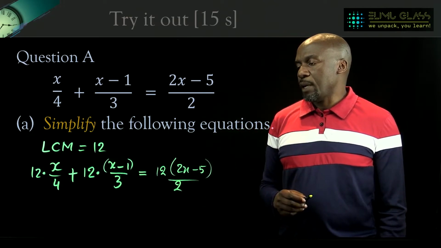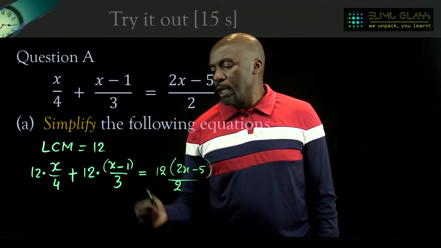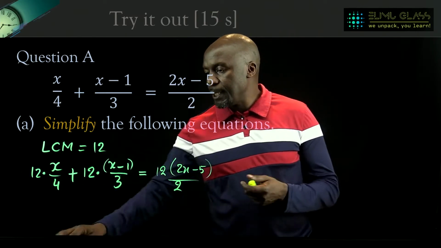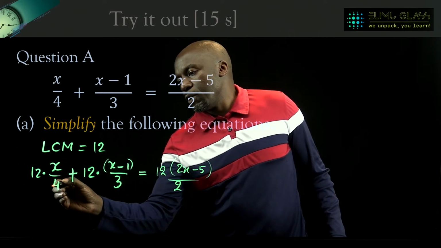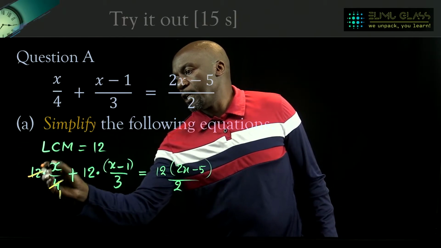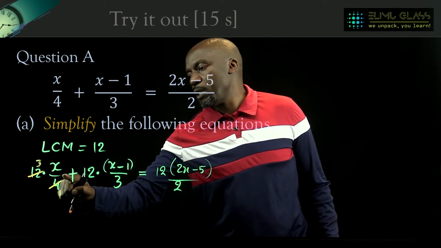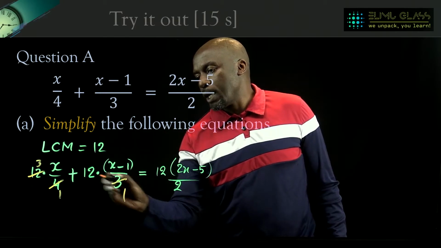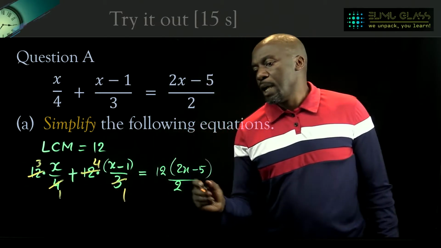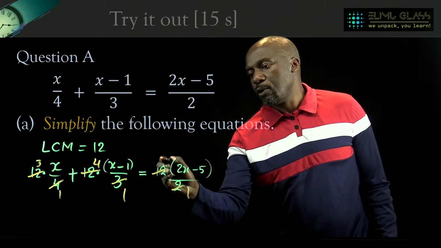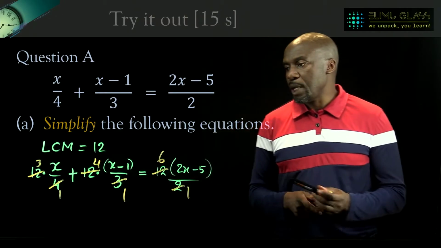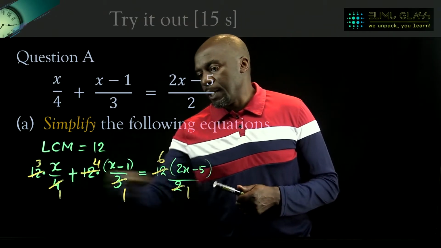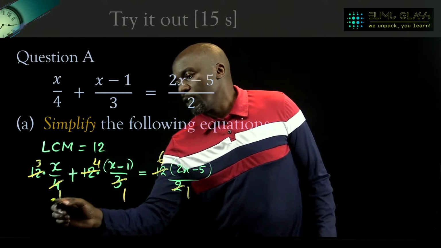The reason why we multiplied by 12 is because now we can cancel easily. 4 goes into 12 three times, so that leaves me with 3x there. 3 goes into 12 four times, and 2 goes into 12 six times.